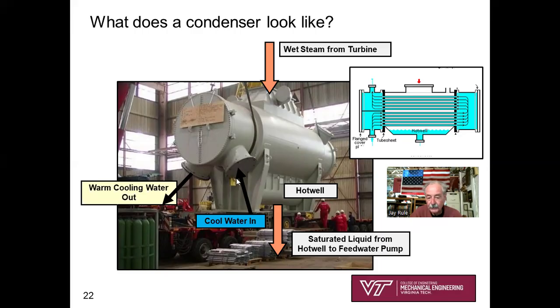It's exchanging heat with the cooling water, and so saturated liquid water is being collected by gravity in the hot well of the condenser, which essentially is the bottom of the condenser. You can see here these two very large flanged pipe inlets. One flanged inlet is for the cooling water going in, and the other flange is the outlet for cooling water going out at a warmer temperature than the inlet temperature. Simple as that.